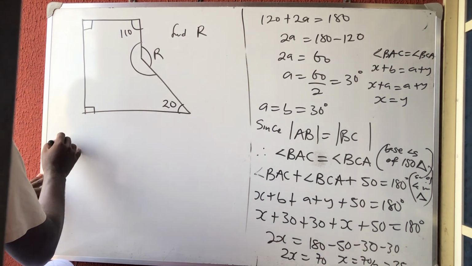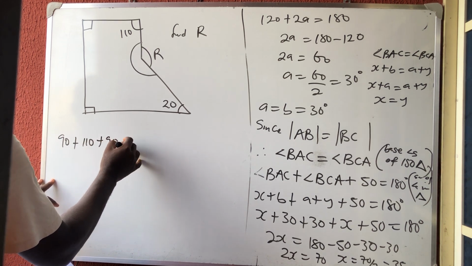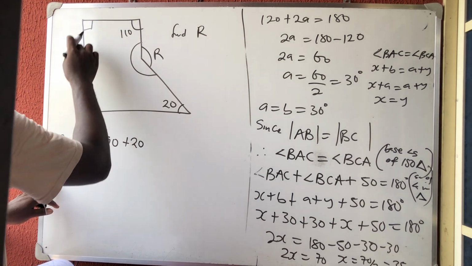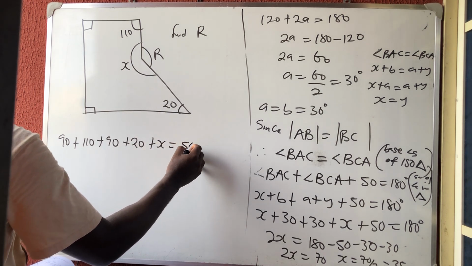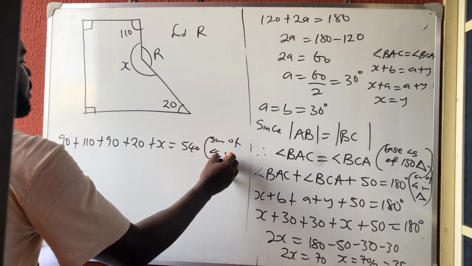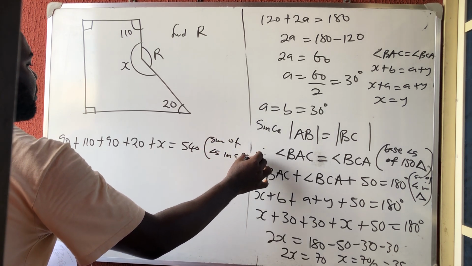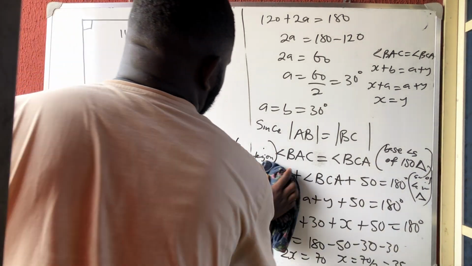So we can say that 90 plus 110 plus another 90 plus 20, plus everything here, let me call it x, is equal to 540. That is the sum of angles in a pentagon. When we are going to do polygons, you will understand better.